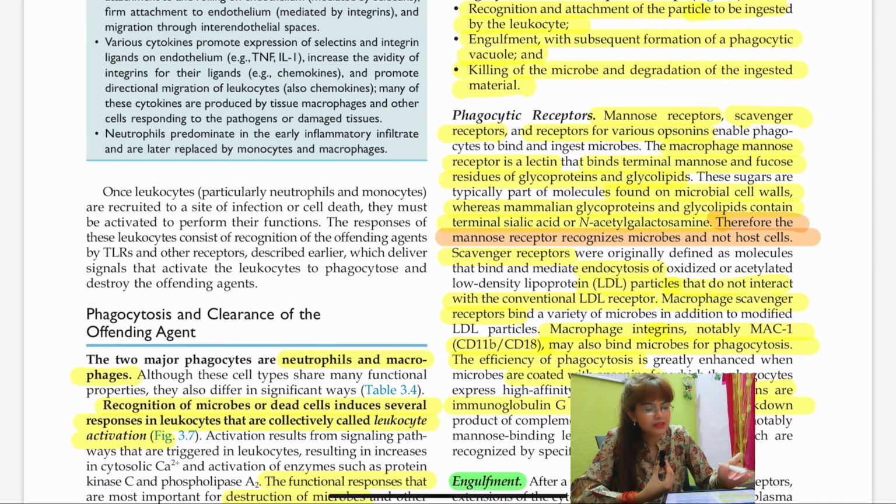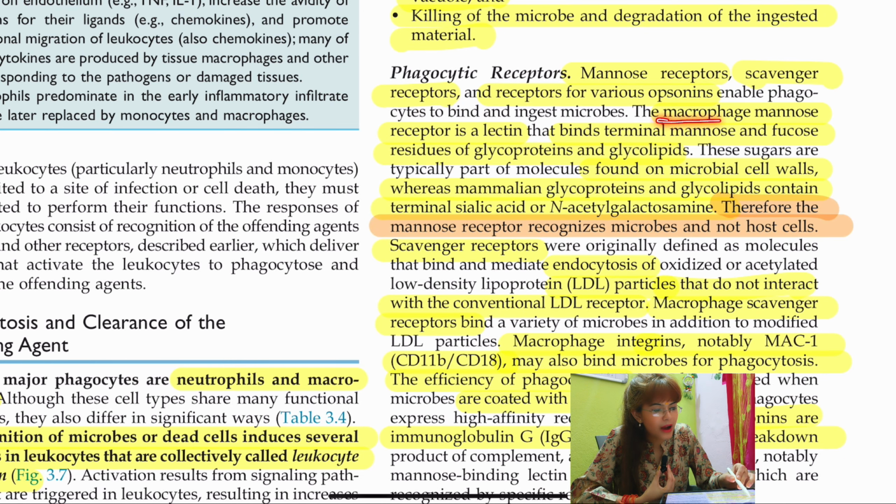So what are the phagocytic receptors? Mannose receptor, scavenger receptor, and opsonins. The macrophage mannose receptor is a lectin that binds the terminal mannose and fucose residues of glycoproteins and glycolipids, which are found on the microbial cell wall.